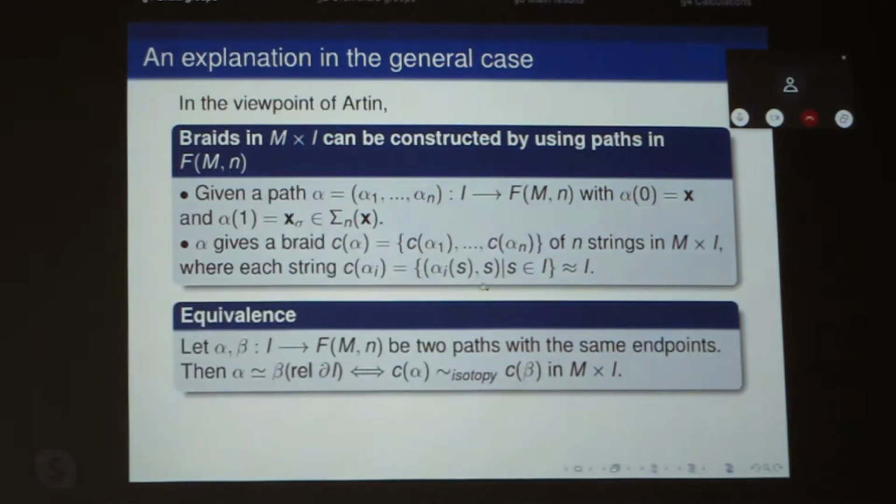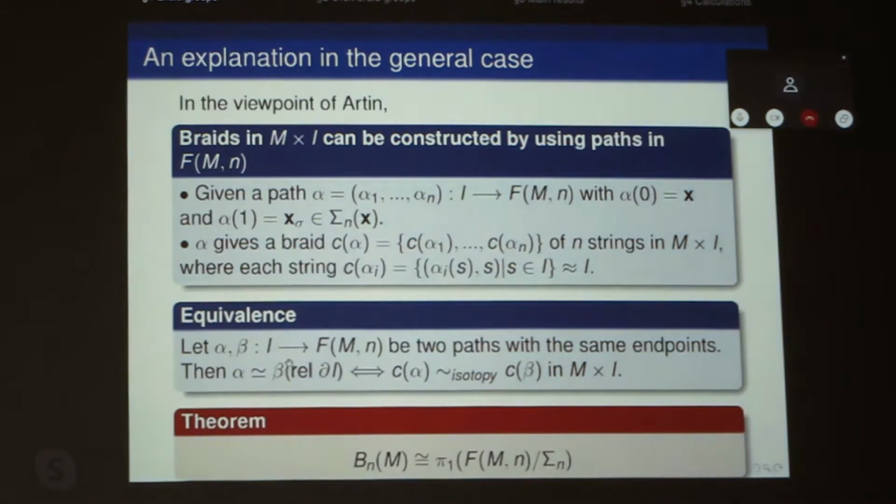For the braid, there is an equivalence relation, usually isotopy. This relation is equivalent to the homotopy relation.